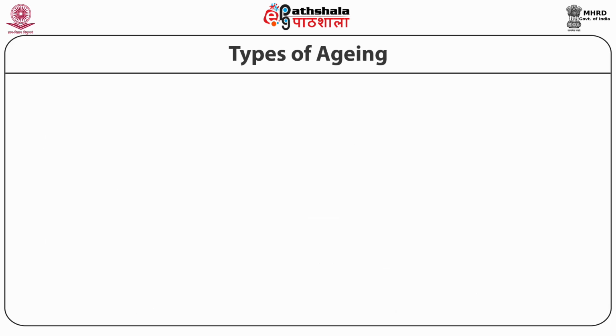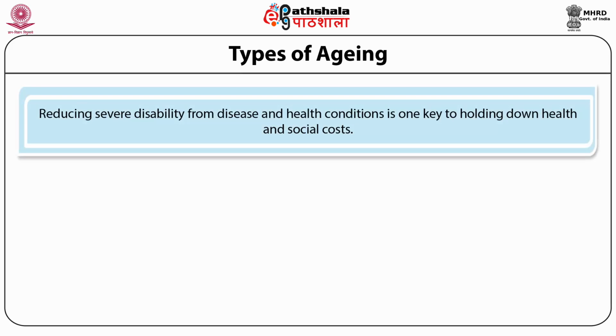Amongst those aged 75 or more, disabled women outnumber men by a ratio of nearly 2.5 to 1. Reducing severe disability from disease and health conditions is one key to holding down health and social cost. The health and economic burden of disability also can be reinforced or alleviated by environmental characteristics that can determine whether an older person can remain independent despite physical limitations.